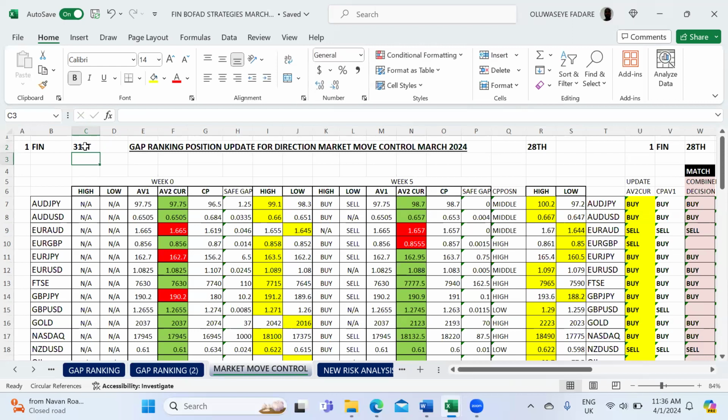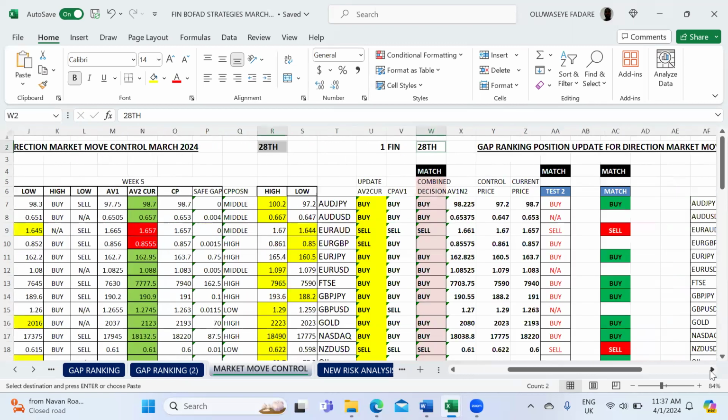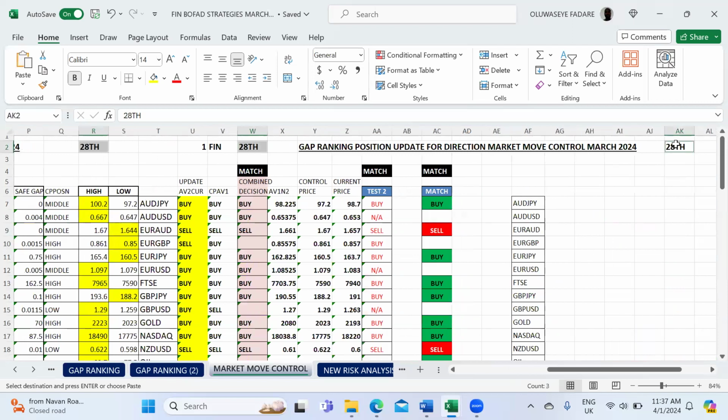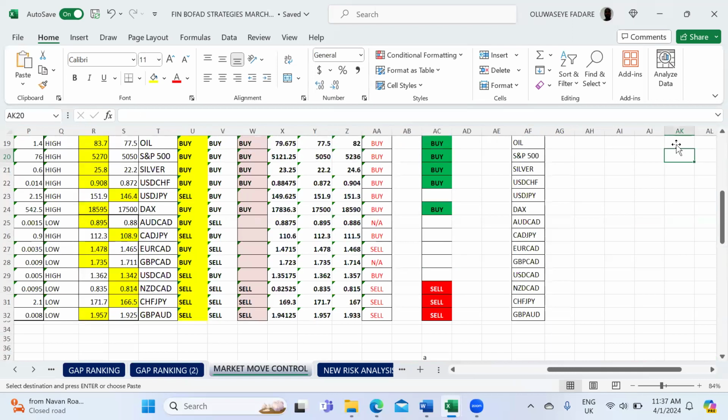So let's identify if we have the correct report, to be able to conclude for the month. So 31st, as you can see, I've changed it from 28th to 31st. Okay. So 31st.